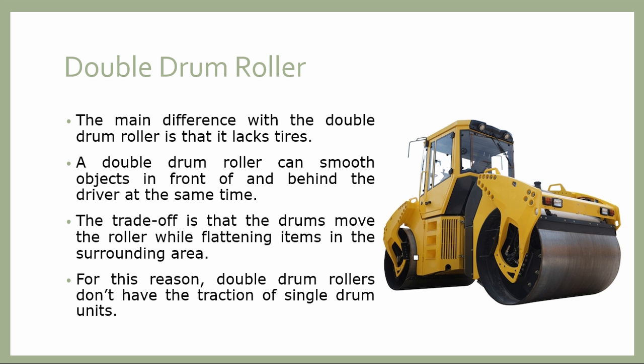So this is the main difference: no tires are fitted here. A double drum roller can smooth objects in front of and behind the driver at the same time, and the trade off is that the drum moves the roller while flattening items in the surrounding area.